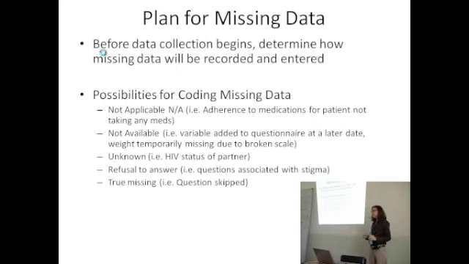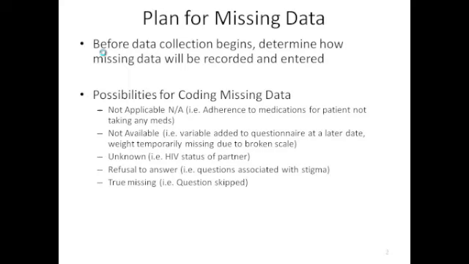And I think this is where you really need to work with the research investigator or the clinician, whoever is interested in working with the data that they get from these data collection forms, and the statistician as well, to figure out how much effort should be put into coding the reason why data are missing. And you're going to make different choices for different variables. Does that make sense? Okay.